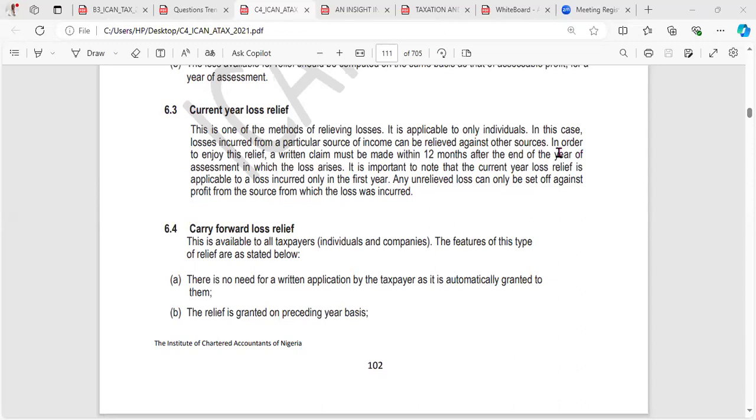Then we have the carry forward loss. Now, carry forward loss can be enjoyed by individuals and companies. In carry forward loss, there is no need for a written application because it is automatically granted, and the relief is granted on a preceding year basis.